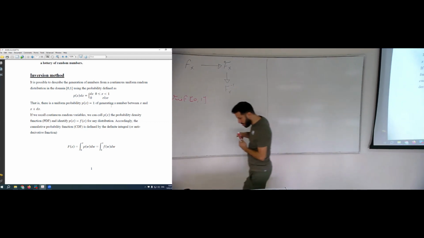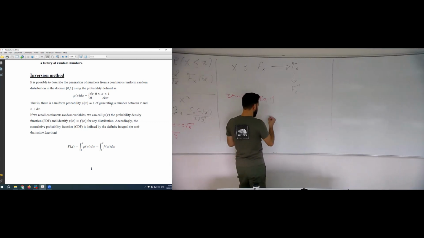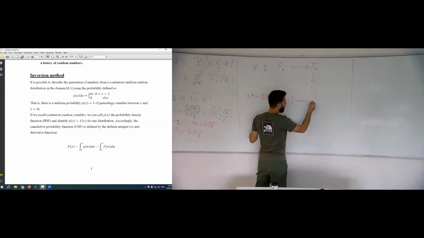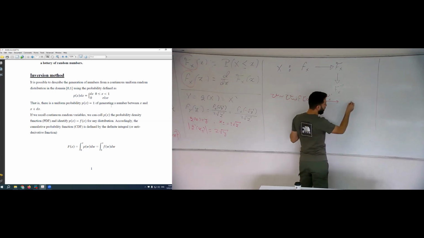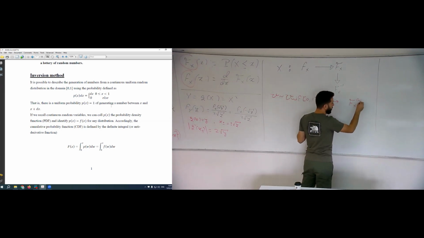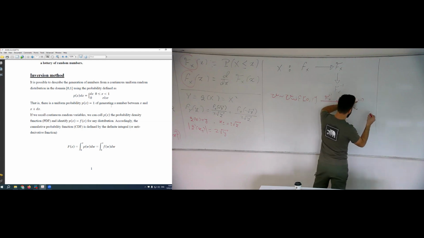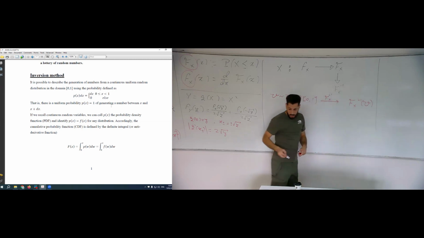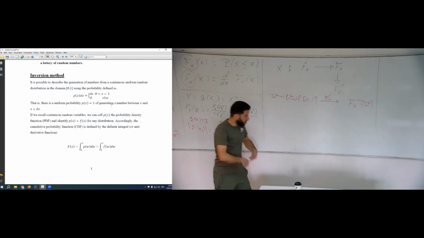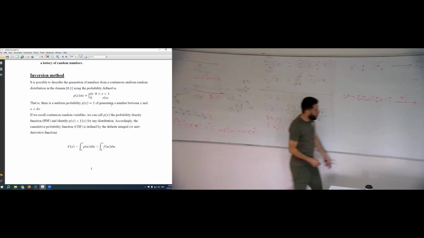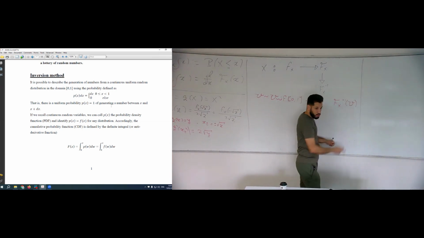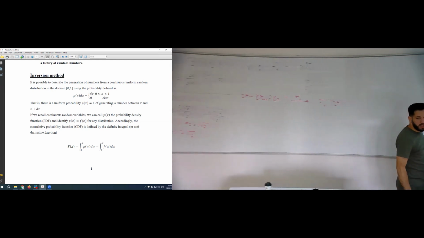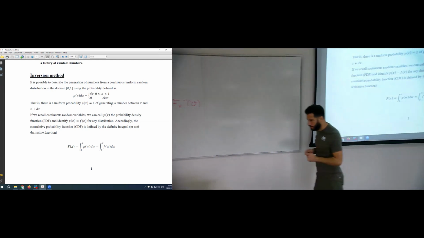Okay, I produce this u, and then apply for it the function fx minus 1 and get fx minus 1 of u. And I claim that if you do this, this thing, which is a function of u, is distributed as you want it.